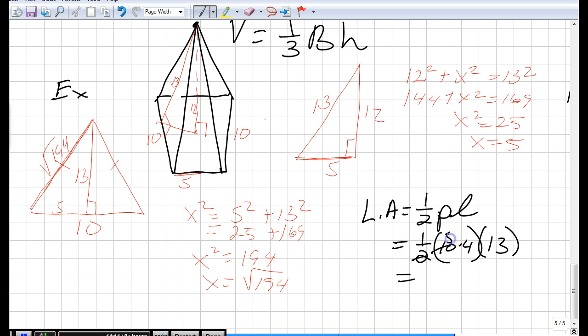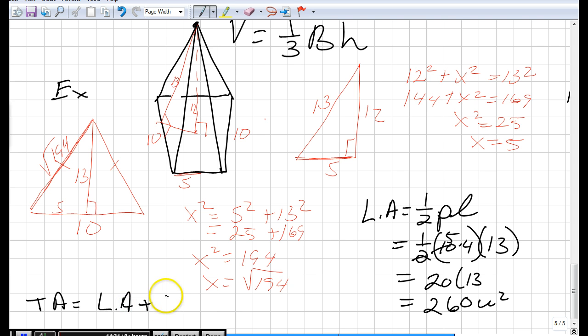So 2 goes into 10, 5, so we have 20 times 13, or 260 units squared is going to be the lateral area. Now let's find the total area. Remember, total area is lateral area plus the base area. So lateral area is 260 plus the base area is 10 times 10. So total area is 360 units squared.